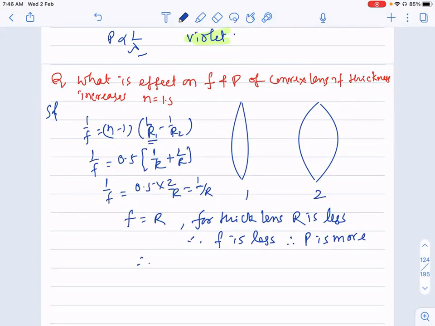Yes, sir. Goes up, focal length goes down, power goes up.